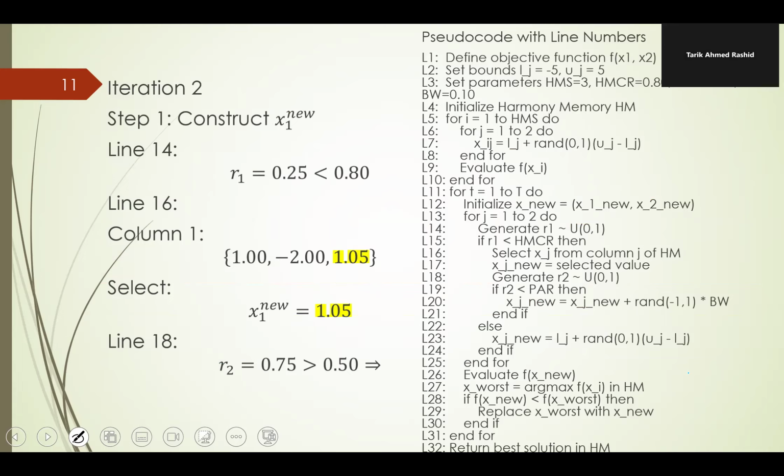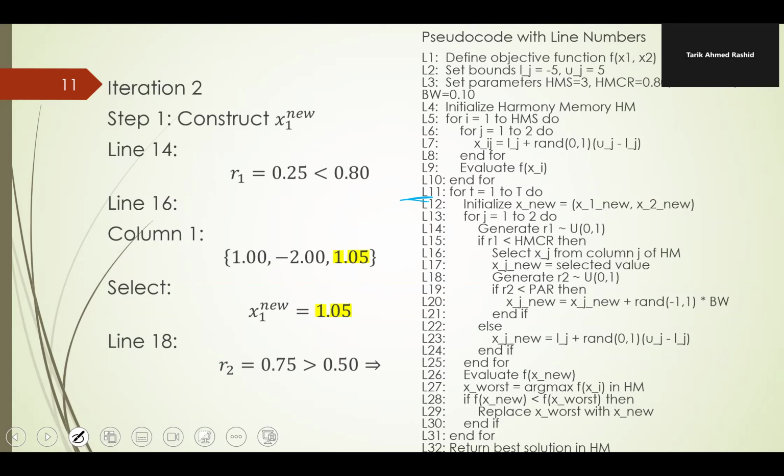Now we go for iteration 2. Because we are in the for loop, we start by constructing x1 and x2 new, and then we go through the for j equals 2.